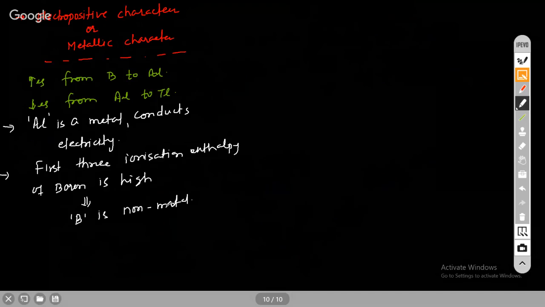Now again you see it decreases from aluminium to thallium. So write down the next point, the last point here.